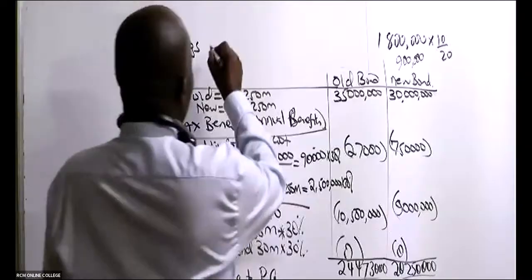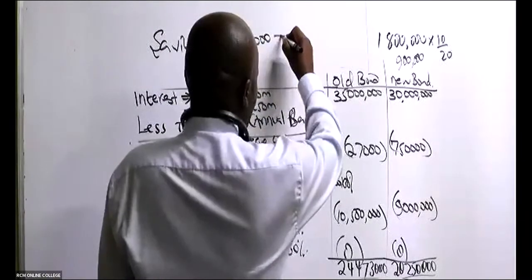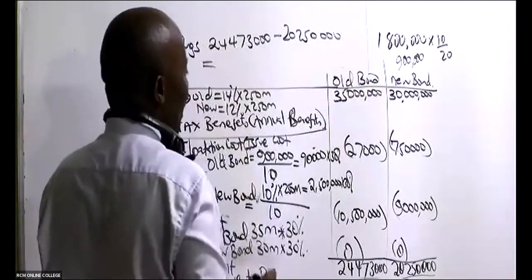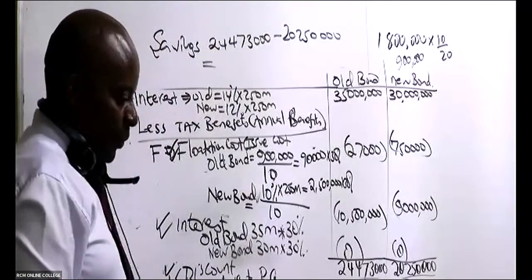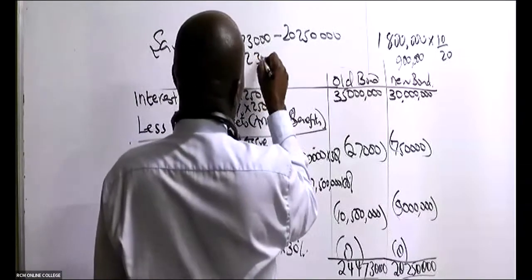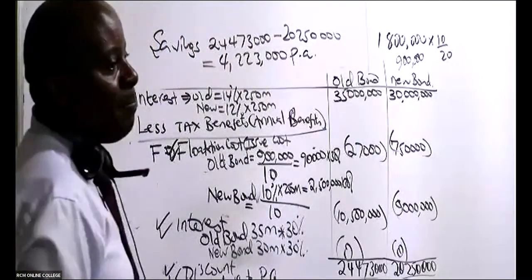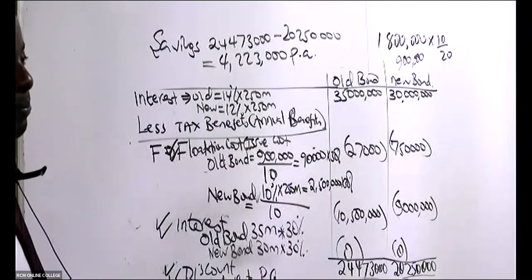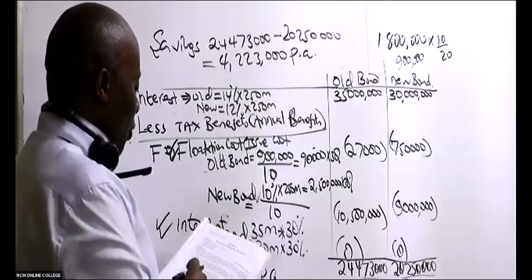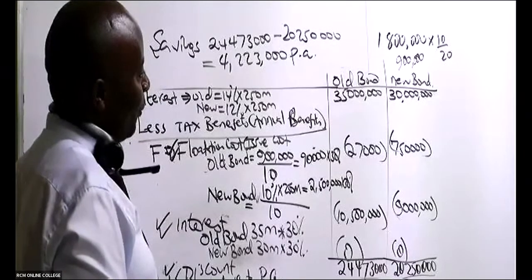So the savings is 24.5 million minus 20.25 million, which ends up equal to 4.25 million per annum. So that is what they were asking you to do in Roman 2.